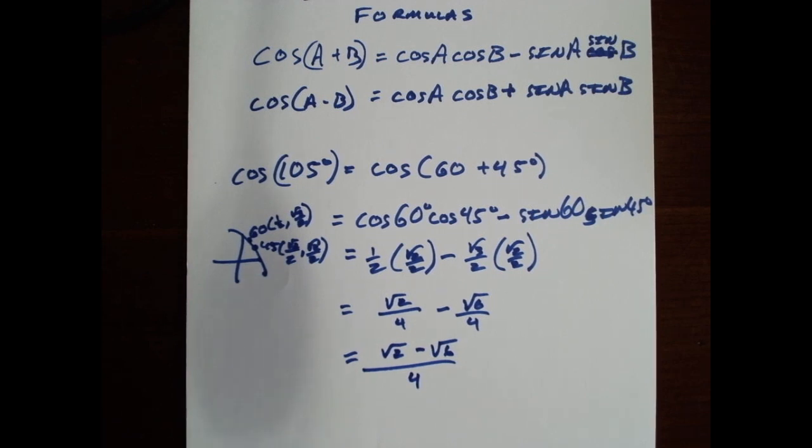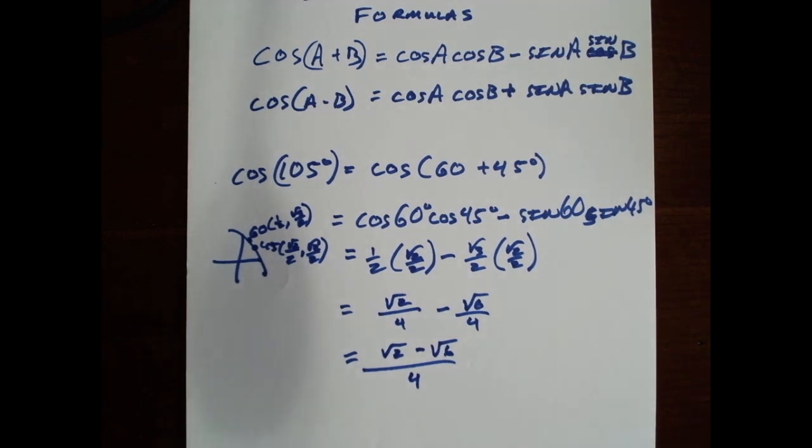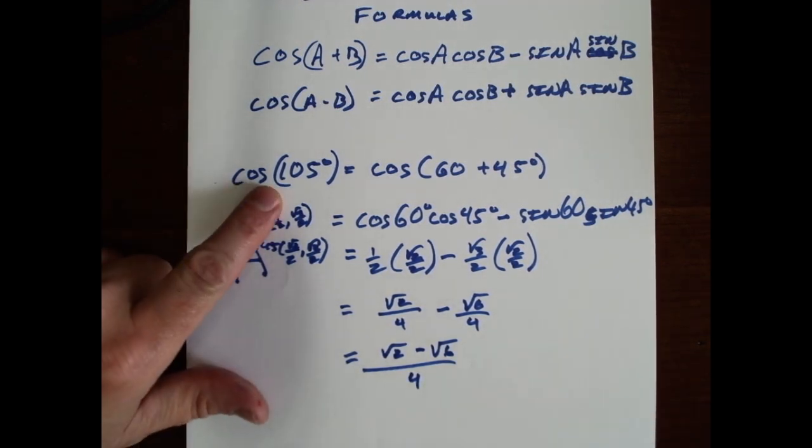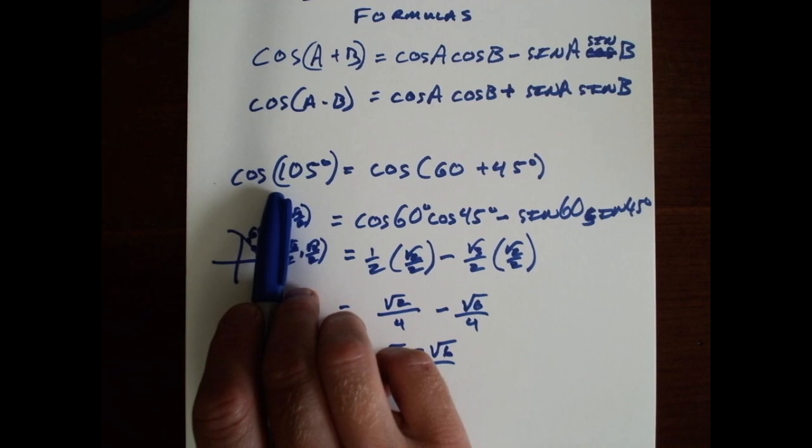Now, how does this help us? Well, if we have the exact value, we can get a calculator and find the approximate value. We could have gone back and done that with the calculator as well. You could also approximate this. Cosine of 90 degrees is on the unit circle at the top, so the coordinates there are 0, 1. So you think that cosine of 105 is going to be something close to 0.